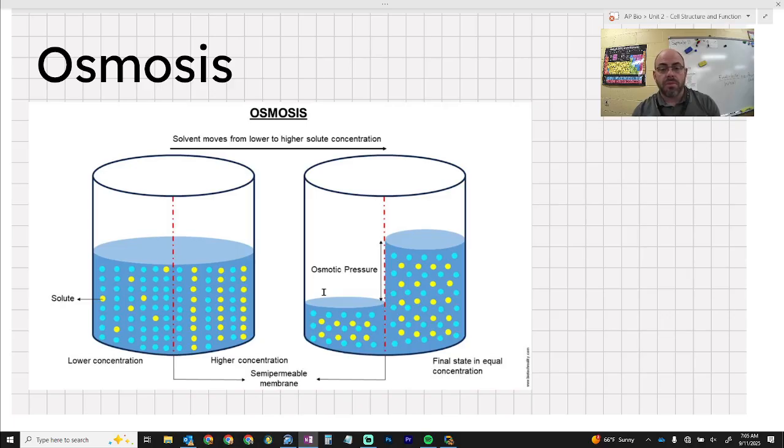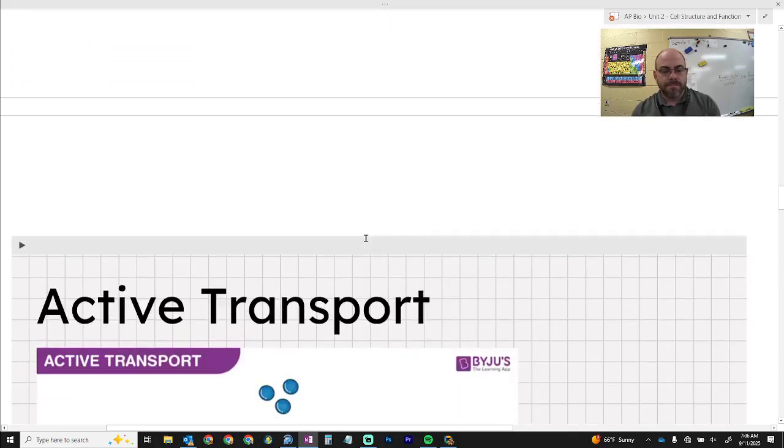Because water is not chemically combined with a solute, it's just a physical mixture, those two things will move independent of one another, and it causes some interesting phenomena that we're going to look at specifically in 2.7. But make sure that you attach osmosis to diffusion and diffusion to passive transport. This is transport that requires no energy.